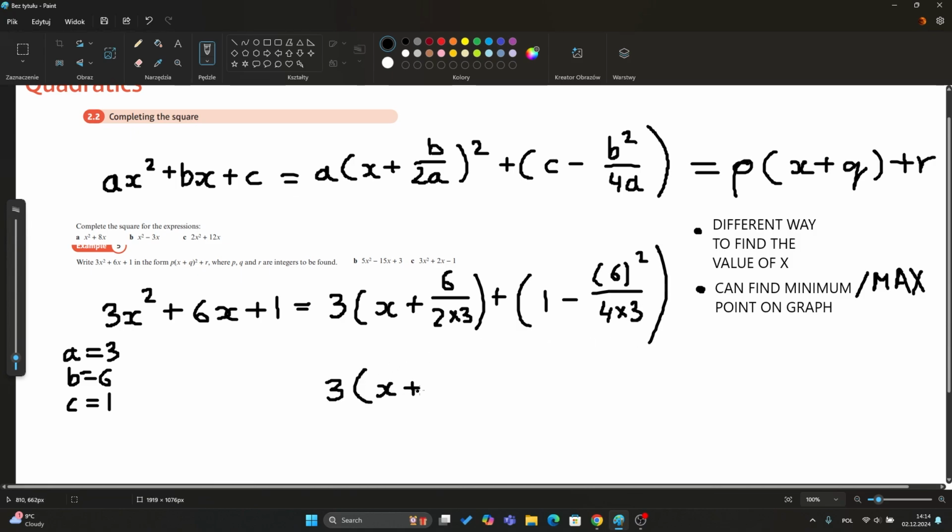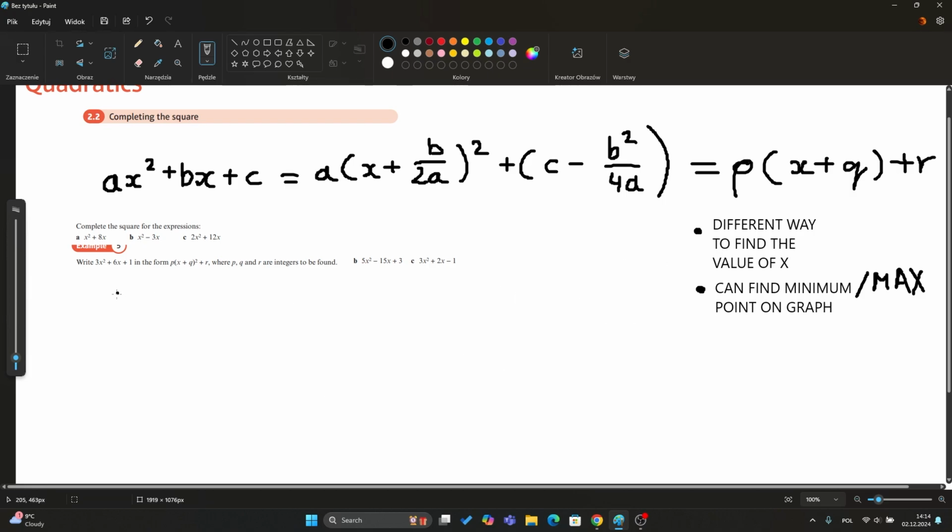So 3 times x plus 1 squared, and for this one, I'm going to use a calculator, minus 2. Now let's do some exercise questions.